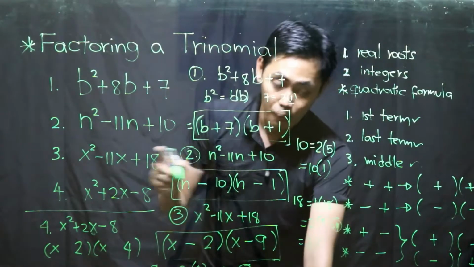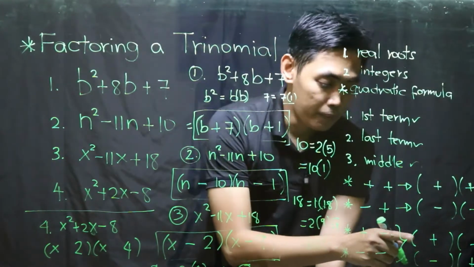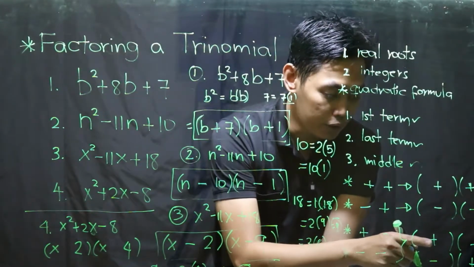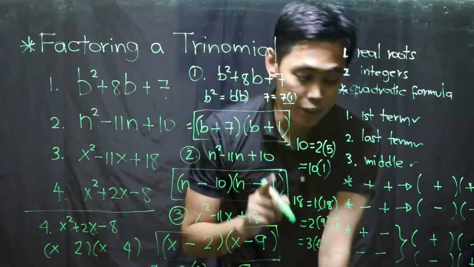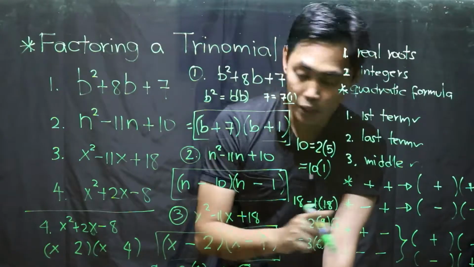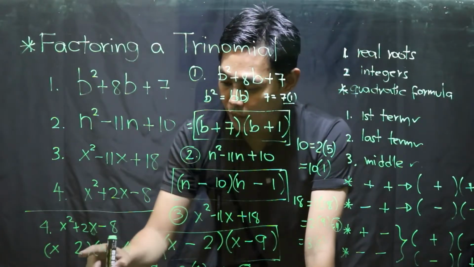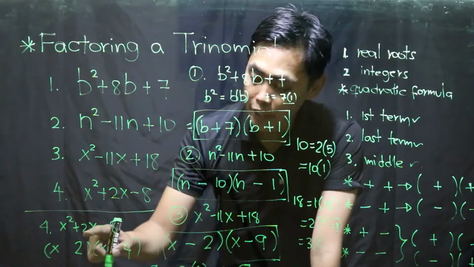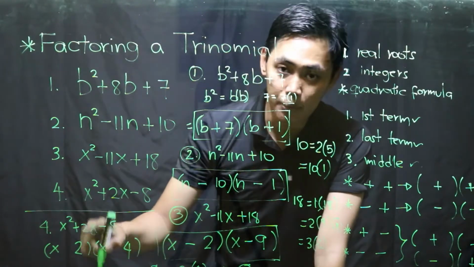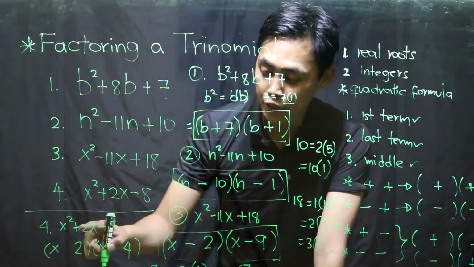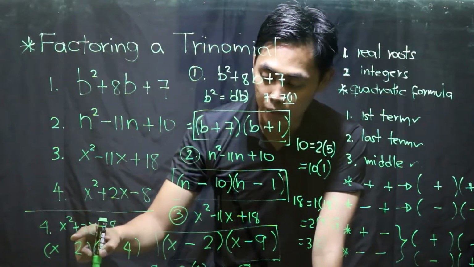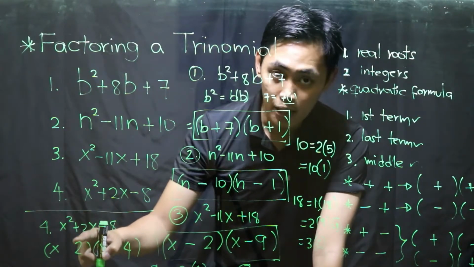So, how to determine whether you will need to use the first one or the second one? What you will need to do is look at the middle number and ask yourself, is the middle term a positive number or a negative number? Since it is a positive number, your answer should be positive.